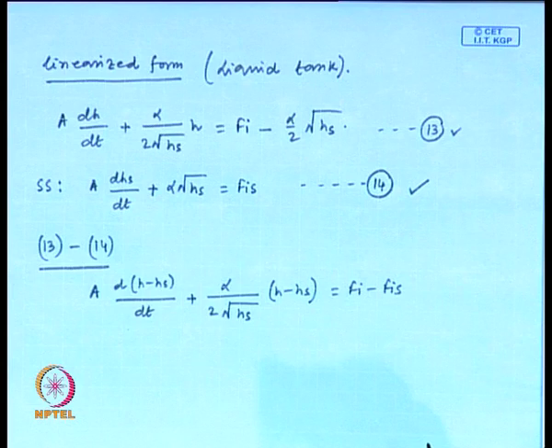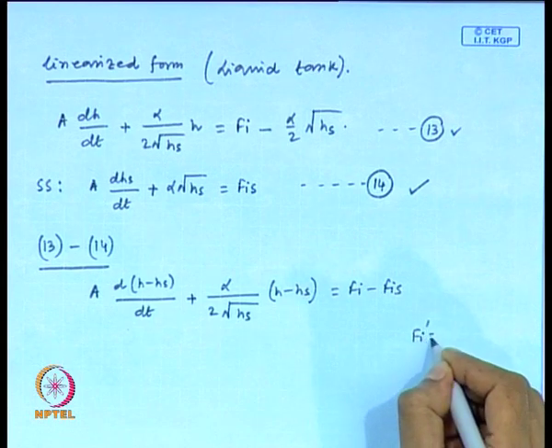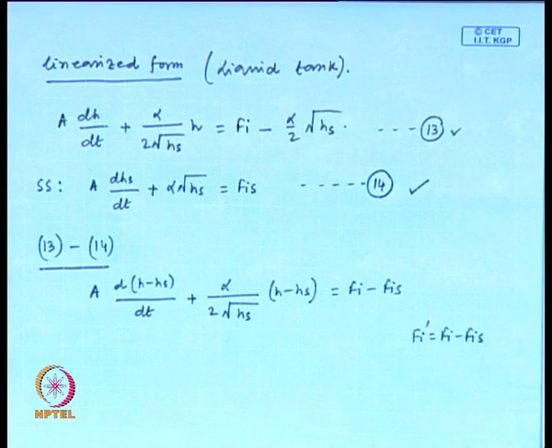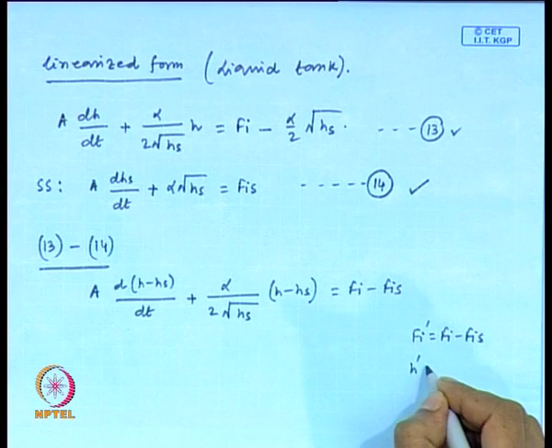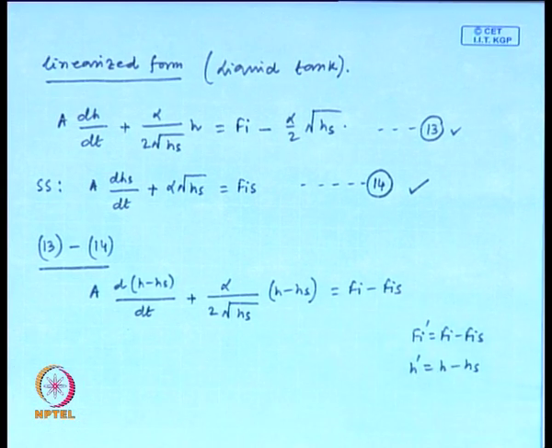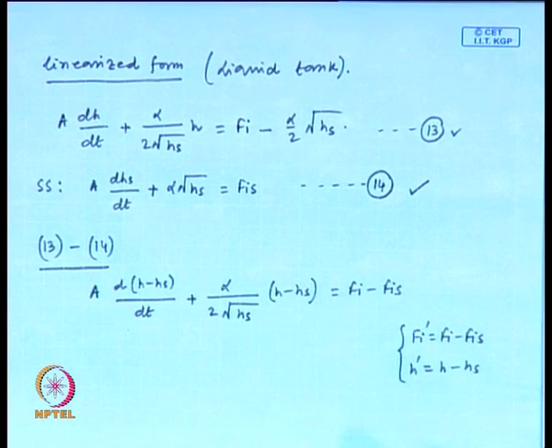Now, we will define two deviation variables. One is Fi prime, that is Fi minus Fis. Another deviation variable we will define is h prime equal to h minus hs. These are the two deviation variables.